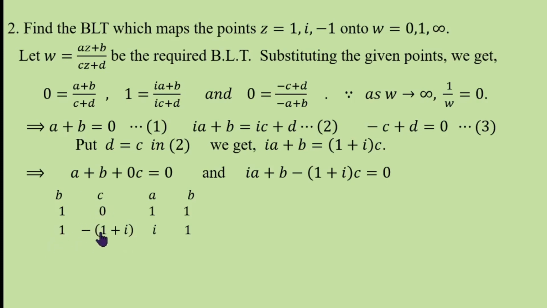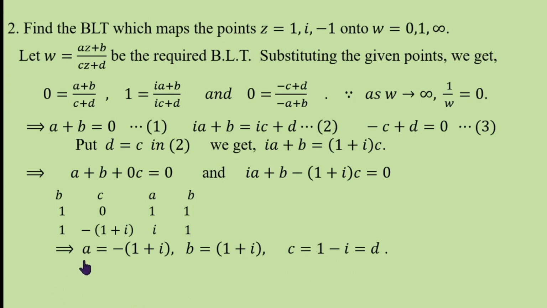Therefore, it is -(1 + i). And B is the determinant of the coefficients of C and A, that is 0, -(1 + i), so that is 1 + i. And C is 1 - i. A is -(1 + i), B is 1 + i, C is 1 - i. But D is nothing but C. Therefore, C equal to D, that is 1 - i.